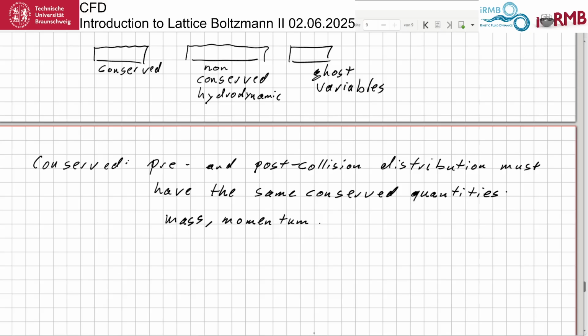And in case of lattice Boltzmann, it will not be our energy, because we have this low order discretization that does not support energy. But in a better discretization it would be. So these things are so-called collision invariants, or collision invariant moments.